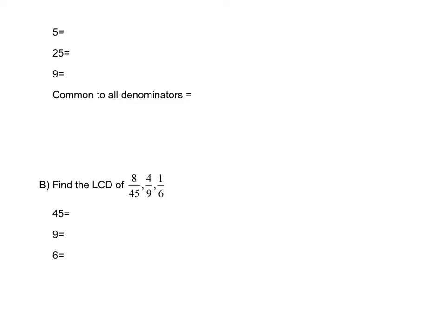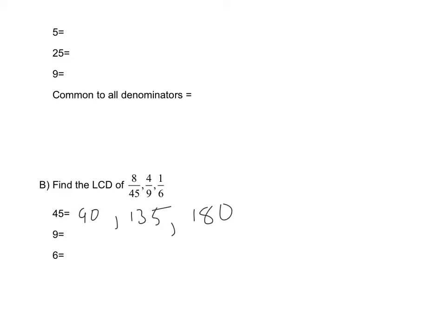So find the least common denominator of 45, 9, and 6. So what they're saying is what we were doing here. So you have 90, 135, and then it would be 180.